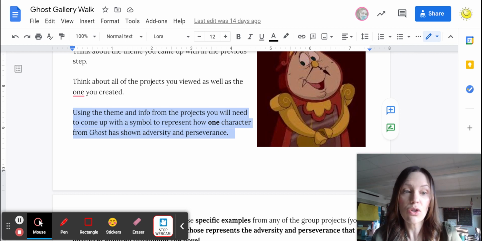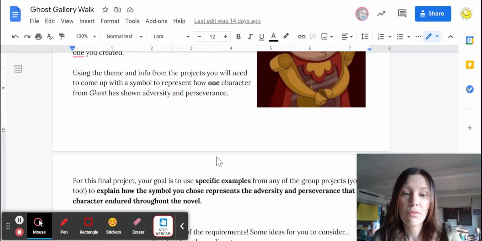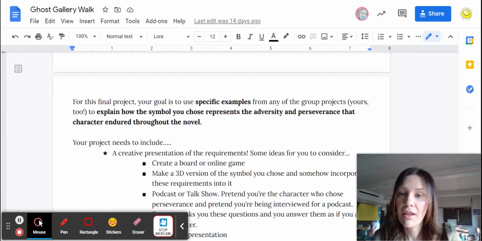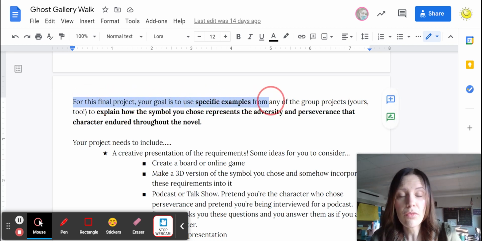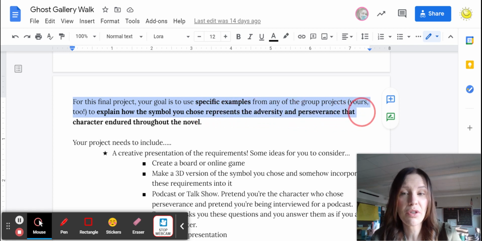So first start with choosing the character from Ghost who you feel you can talk about has shown adversity and perseverance. You'll need a symbol then that would represent that person. Hopefully you're still with me. Let's keep going. So for this final project, your goal is to use specific examples from any of the group projects, including your own, to explain how that symbol you chose represents adversity and perseverance that character endured throughout the novel.